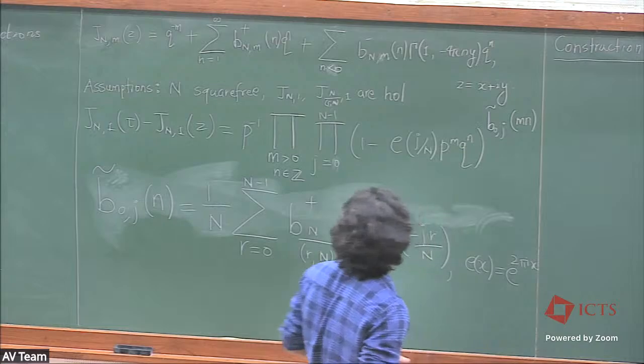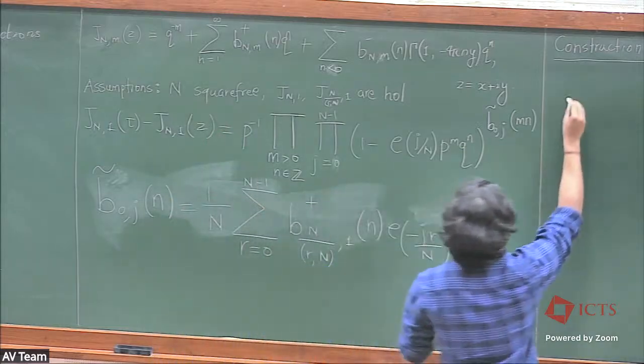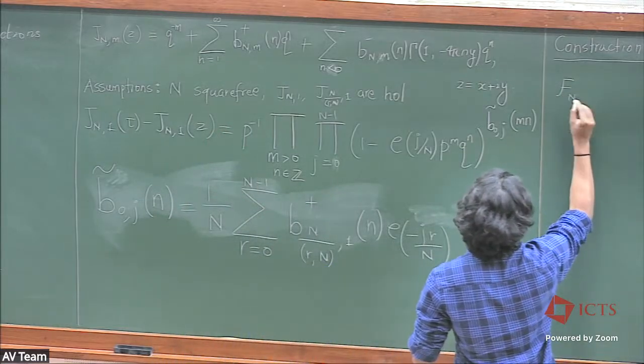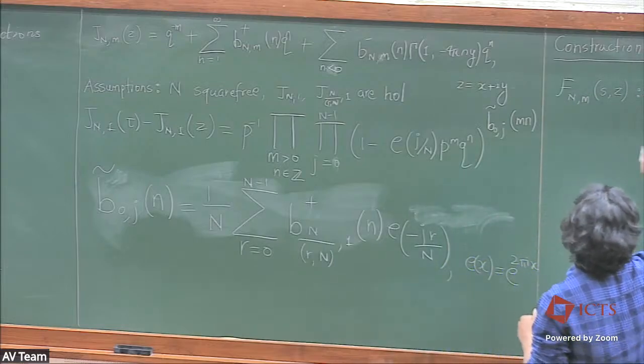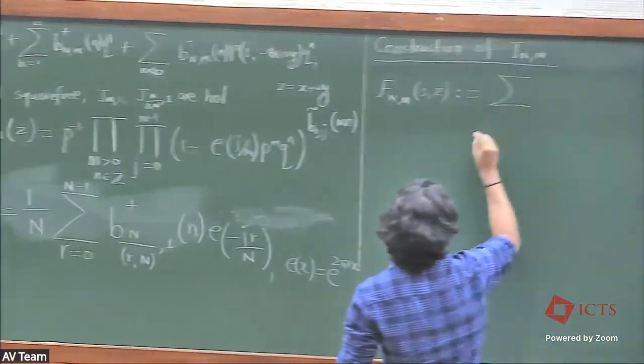To construct these J_n's, we use this non-holomorphic Poincare series. These functions are defined by this coset sum.